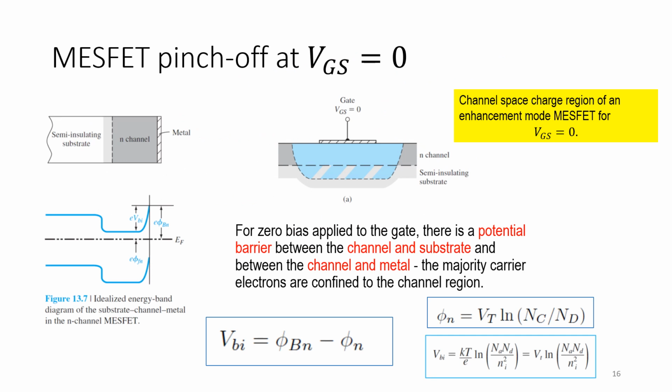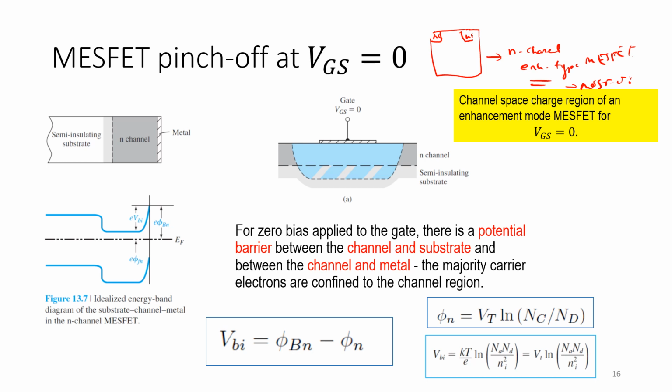The arrangement of the MESFET like this can also be known as an n-channel enhancement type MESFET, which can be referred back to the MOSFET operation. The MESFET is pinched off at VGS equal to 0.